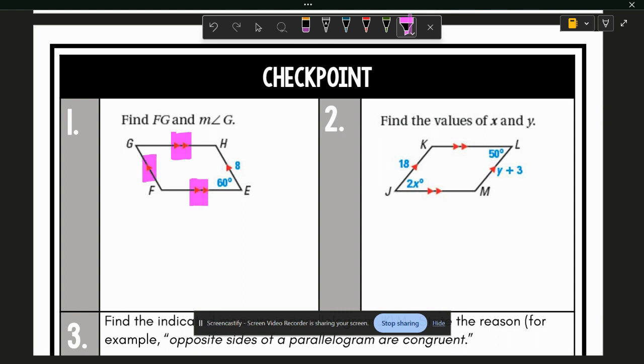They also note that these two sides are parallel as well. That makes this a parallelogram. Because of that, if HE is equal to 8, then GF or FG would also be equal to 8.